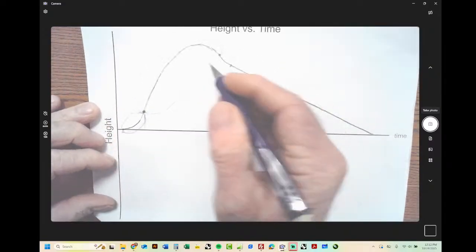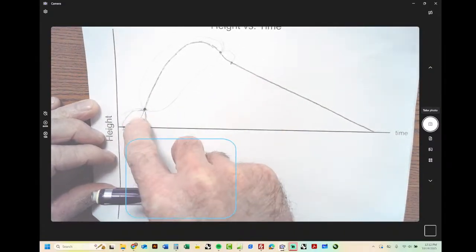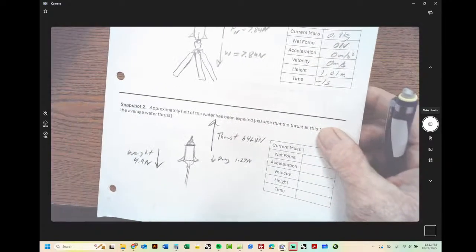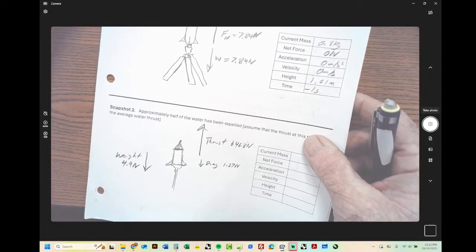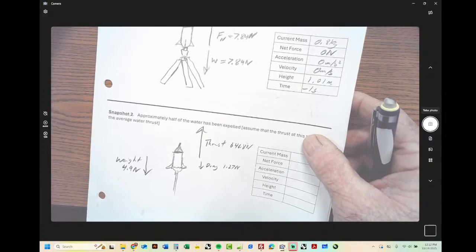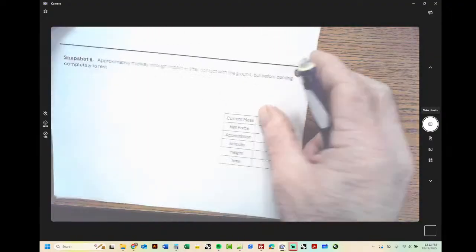Oh, and by the way, on this graph, I should just remind you that all these snapshots, you need to number those, and you need to give 2 bits of information, the X and the Y data. So snapshot number 1 is right here.